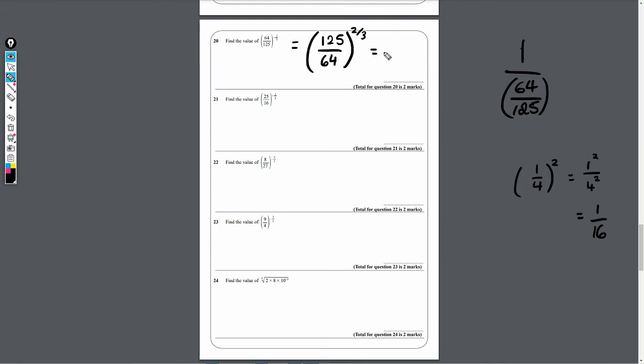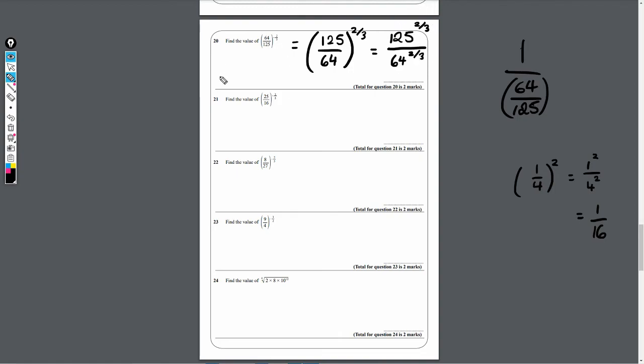So this is actually just 125 to the 2 over 3 divided by 64 to the 2 over 3. That's one way that might help you to see it. The other way is just doing the same rule that we did for the previous ones, but to the top and then the bottom, which is basically what I've just written here.